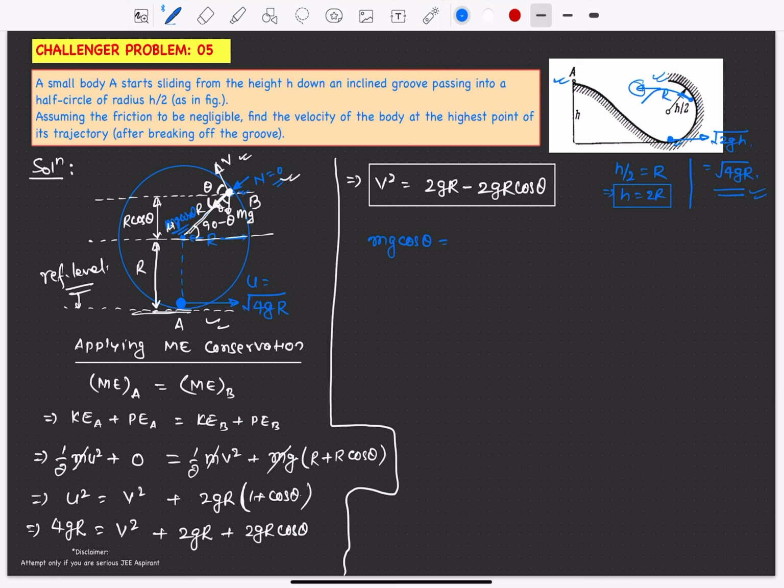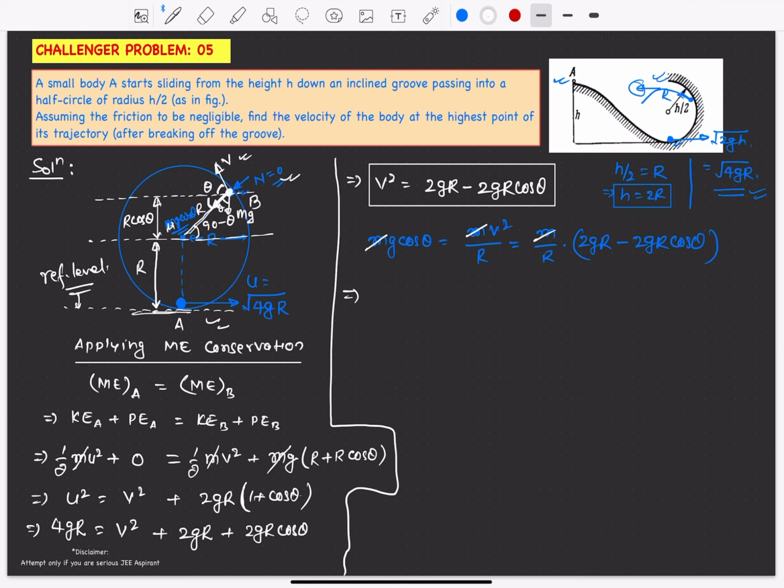Yes, we can write mg cos theta equals m v square by r, which is m by r into v square. v square is nothing but 2gr minus 2gr cos theta. m cancels out from everywhere, right?